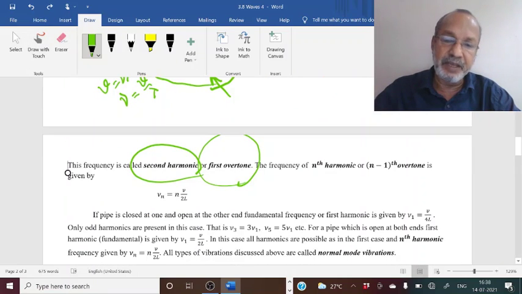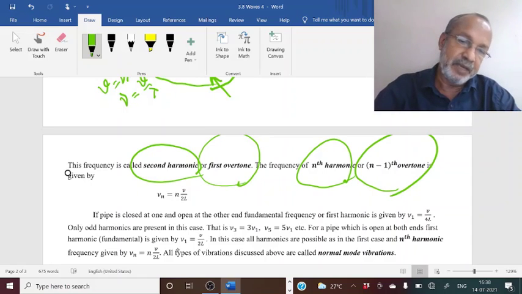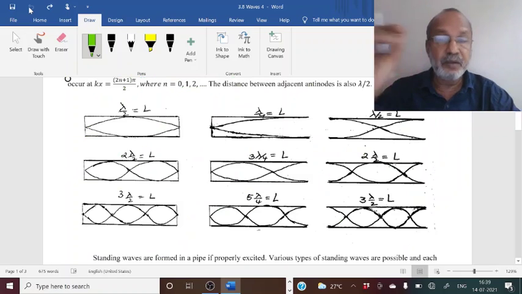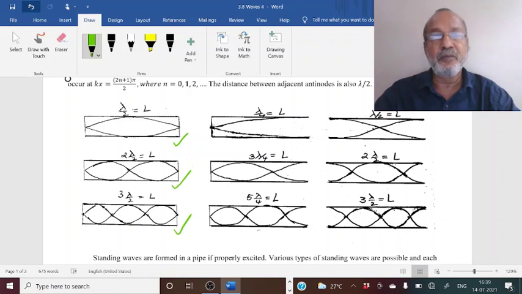In a similar way, we can prove that the frequency of nth harmonic or (n minus 1)th overtone is given by nu n is equal to n times V by 2L. V by 2L is the fundamental frequency, so n times nu 1.